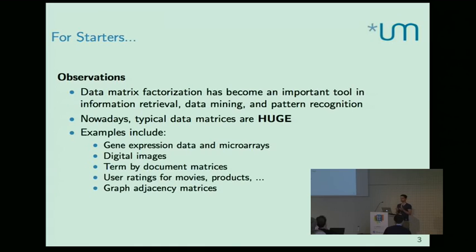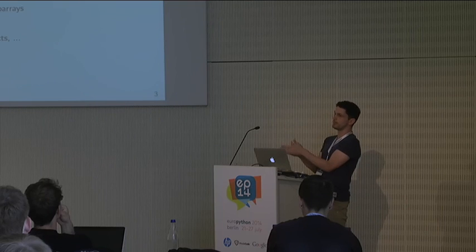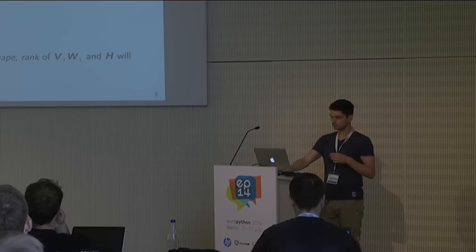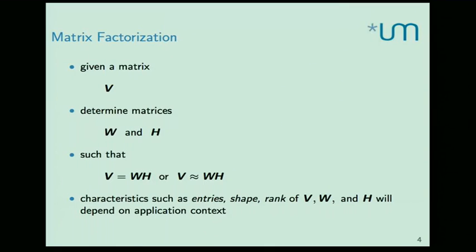But then what you often try to do is factorize it or approximate it to extract some meaning out of that matrix. And there are a lot of other examples: gene expression data, digital images. You can store images in a matrix by having in each column all the pixel information of the image, and each entry corresponds to the color value of one of the pixels. And in the columns, you have all the different images. And obviously graphs too, so you can store all information from a graph in an adjacency matrix.